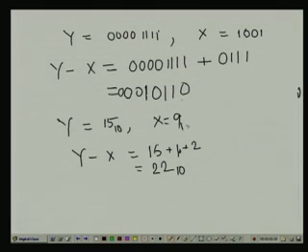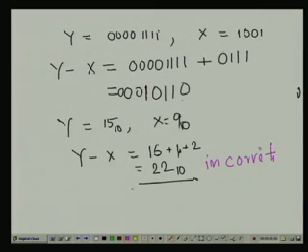See, I have two numbers, y equal to 15 and x equal to 9, and when I have taken the difference I got 22. 15 minus 9 is 22. So, this is an incorrect result. Why? What mistake have I done?